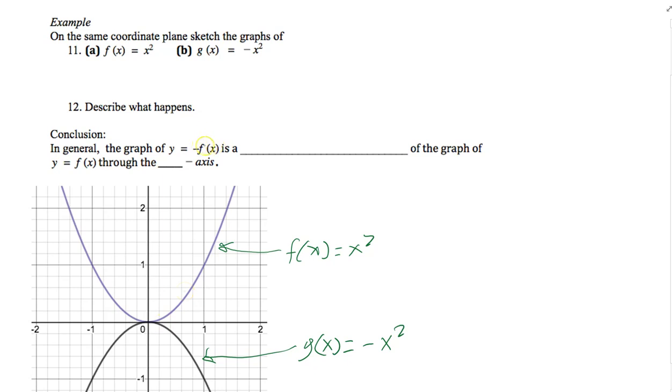So we can conclude that y equals negative f of x is a reflection of the graph of y equals f of x through the x-axis. Notice it looks as if we are doing a flip, or reflection, over the x-axis.